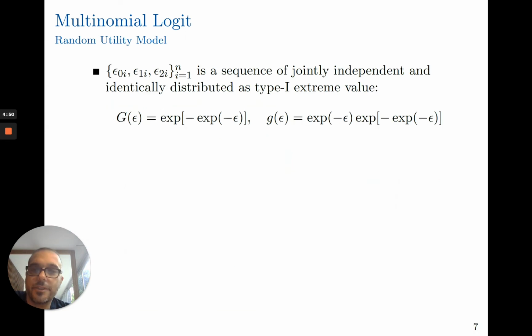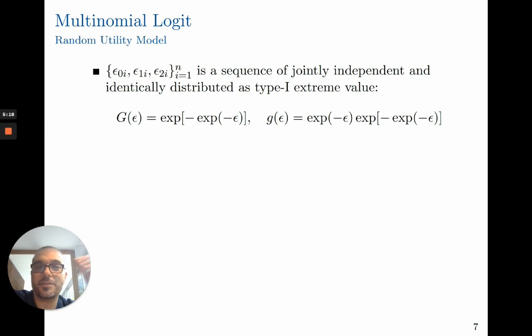And we are going to model it as a type 1 extreme value distribution. You may think, well, what? But this is a very neat probability distribution, because we are going to get the multinomial logit from it. So it's very convenient.